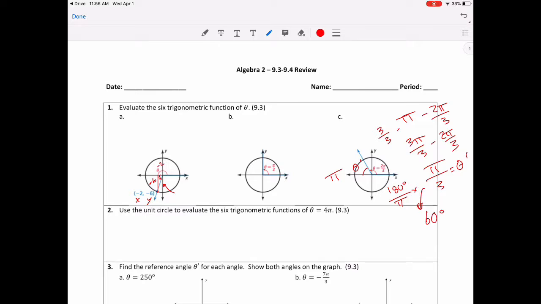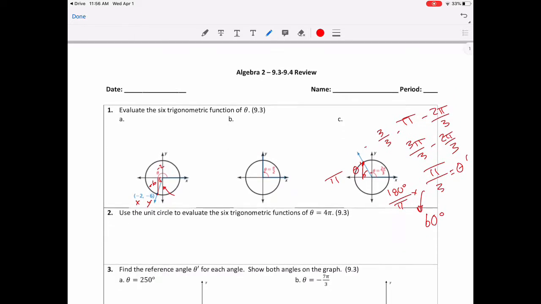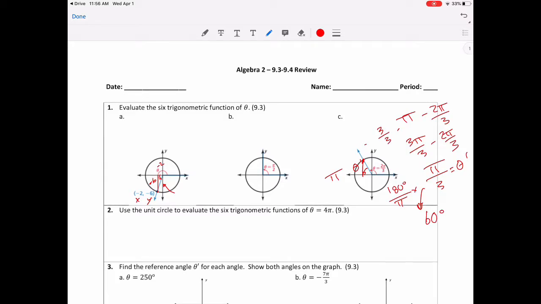And then remember, with these, we want to put that location in. And then we make a right angle down to our axis. Okay, so really that angle theta prime is 60 degrees.